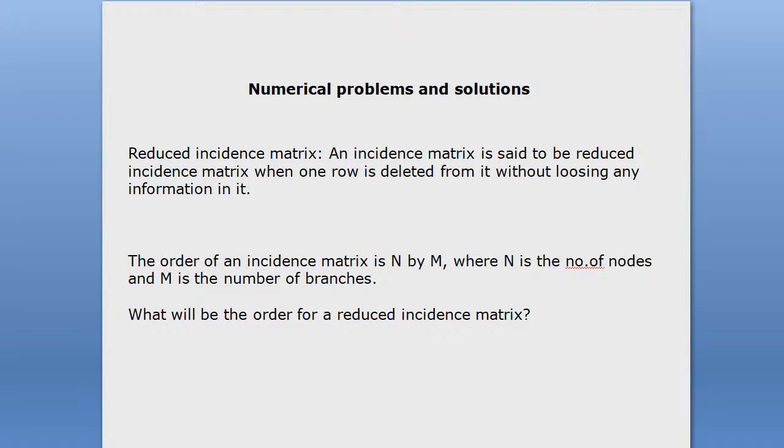You know the order of an original incident matrix is N by M, where N is the number of nodes and M is the number of branches.